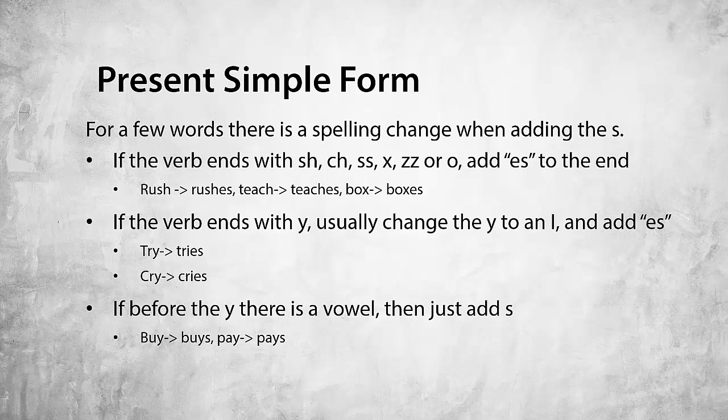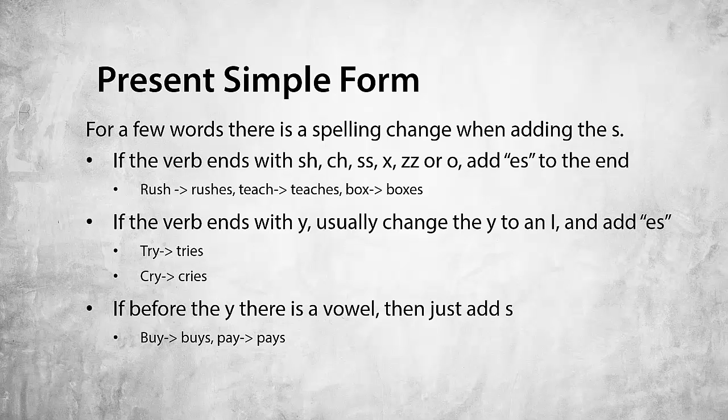Now, if the verb ends with y, usually you just change the y to an i and add es, such as try becomes tries, cry becomes cries. Now the exception is, if before the y there is a vowel, then just add s. So buy becomes buys, pay becomes pays. So just keep that in mind.